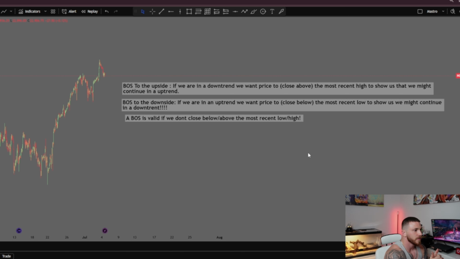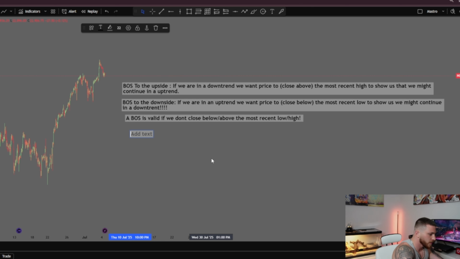What's another thing? Candle close. We already went over the close. It is not a break of structure if we wick. How do you spell wick? Is it W-I-C-K? Let's ask Siri.